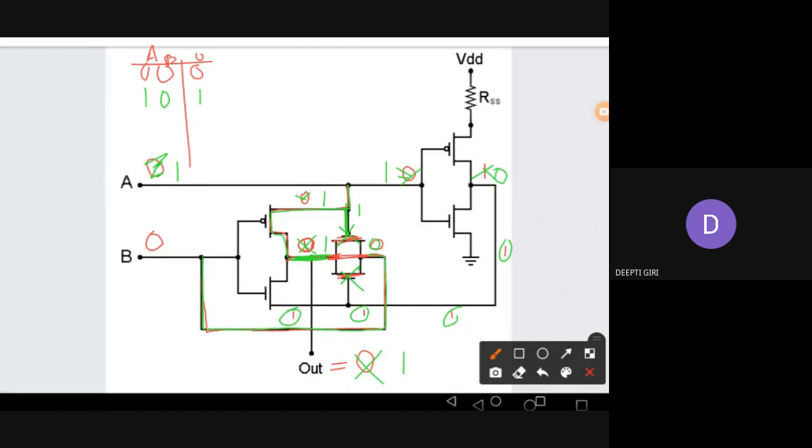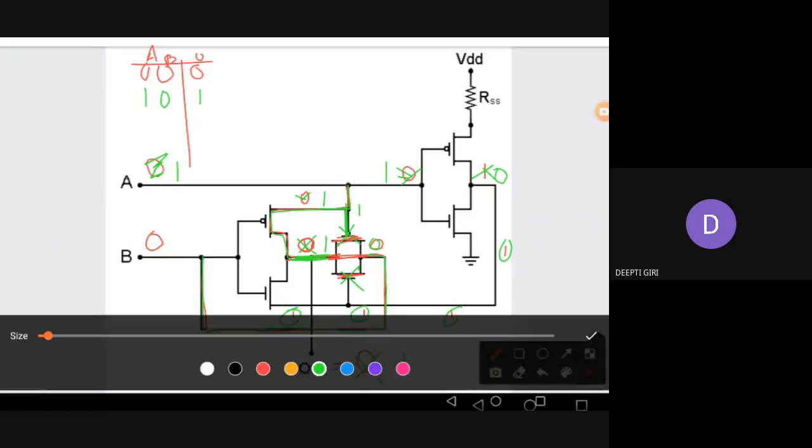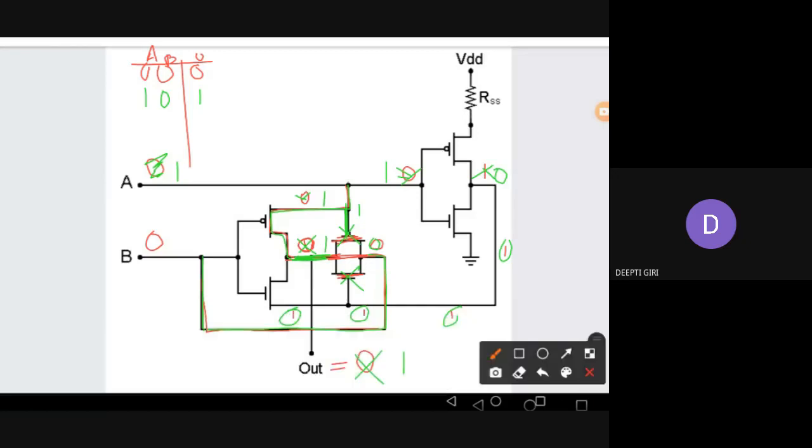Now let's change the value of B. Instead of 0, I change B's value also to 1. So what happened? Now this is going here, 1 is coming here also, right? And this B is high, which means this PMOS is now off. This NMOS is on, right? So now the A on the bottom, 0 is coming to the output block, right?